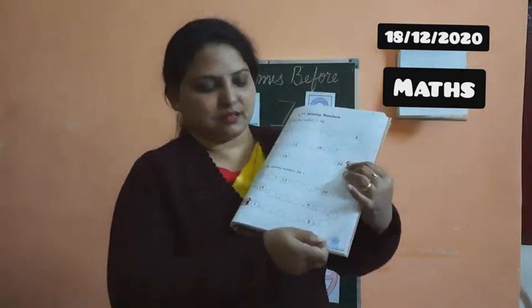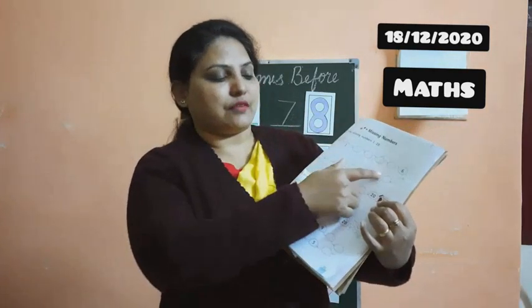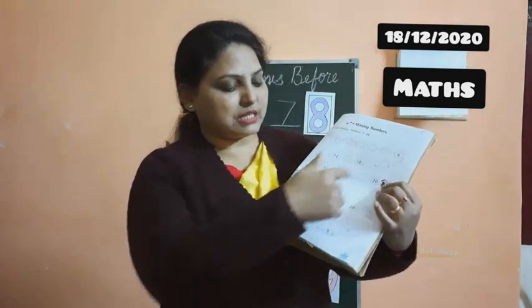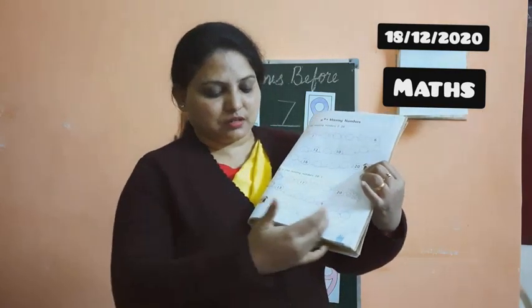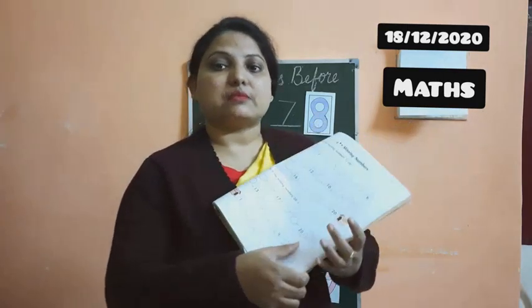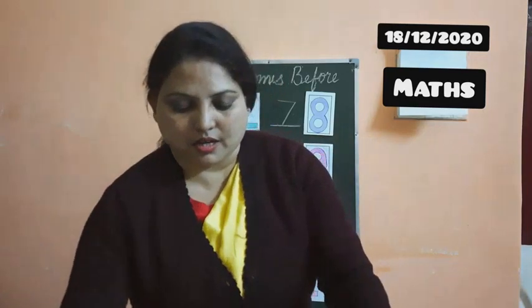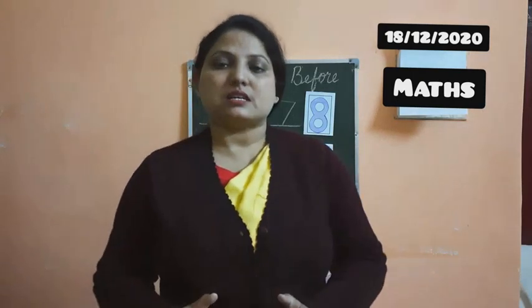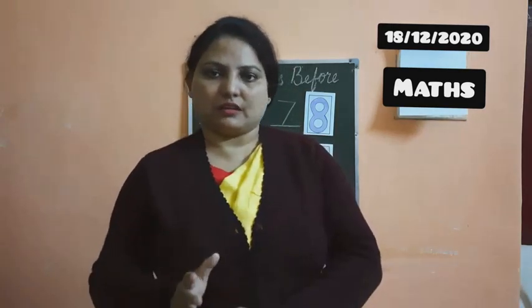This second part is afterwards missing number, 1 to 20. This is backward, 20 to 1. So this is your what comes before. You will learn like this. You have to count backward from 20 to 1.